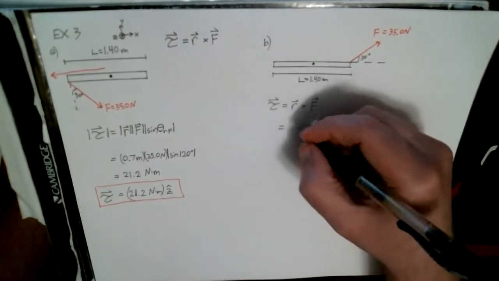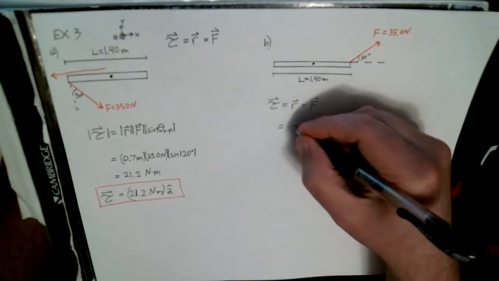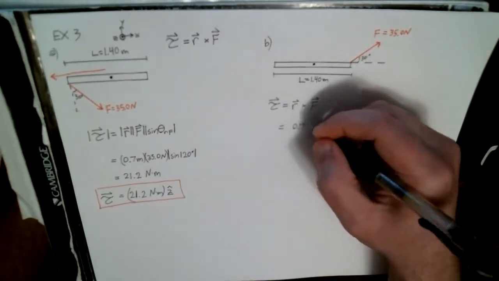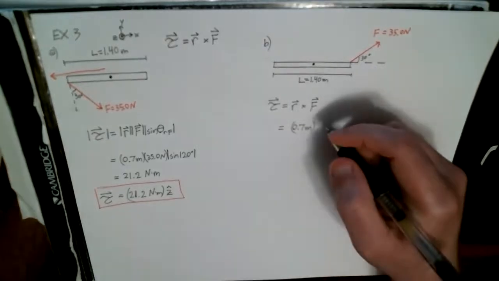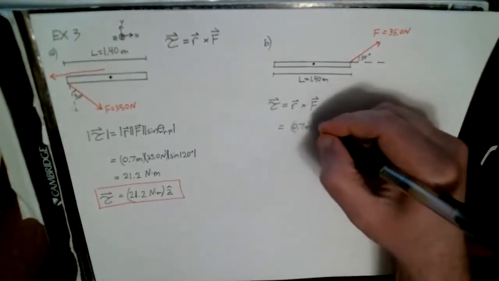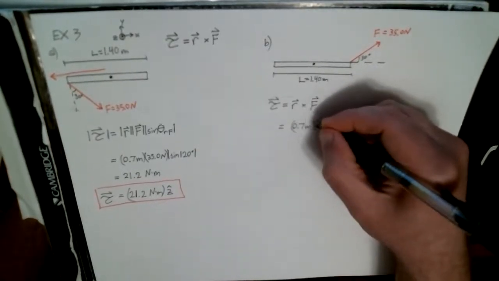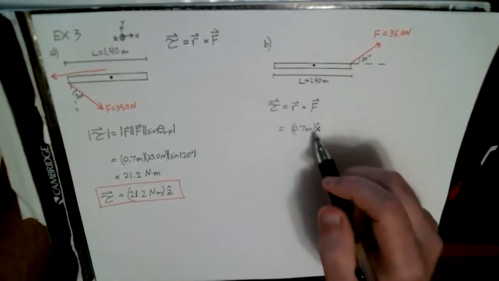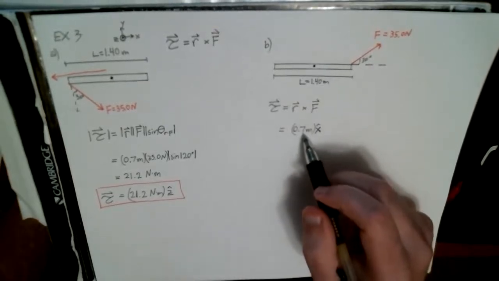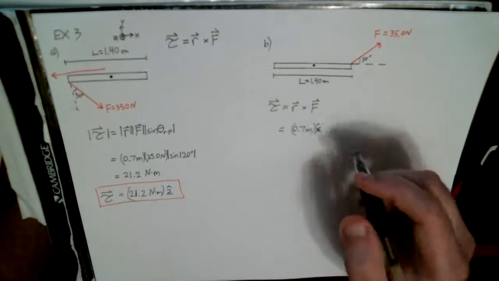So it's got a length of 0.7 meters, and it points in the positive x direction, to the right. So I can express my r vector as 0.7 meters x-hat.